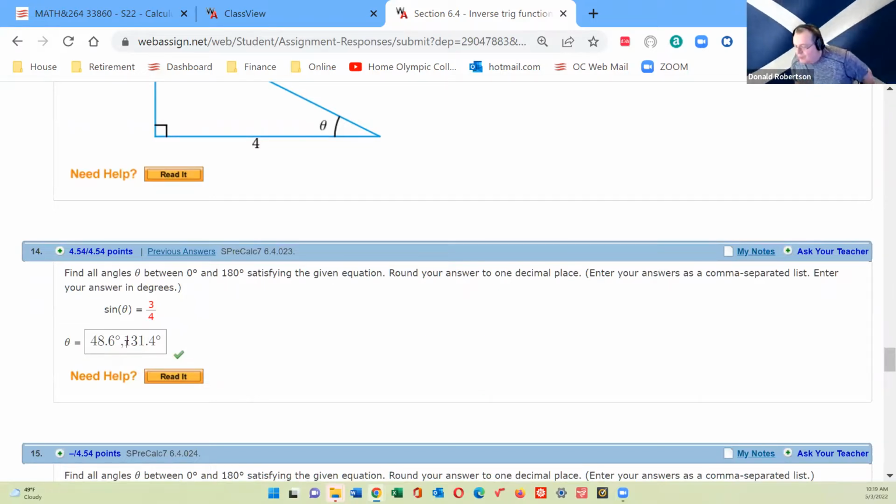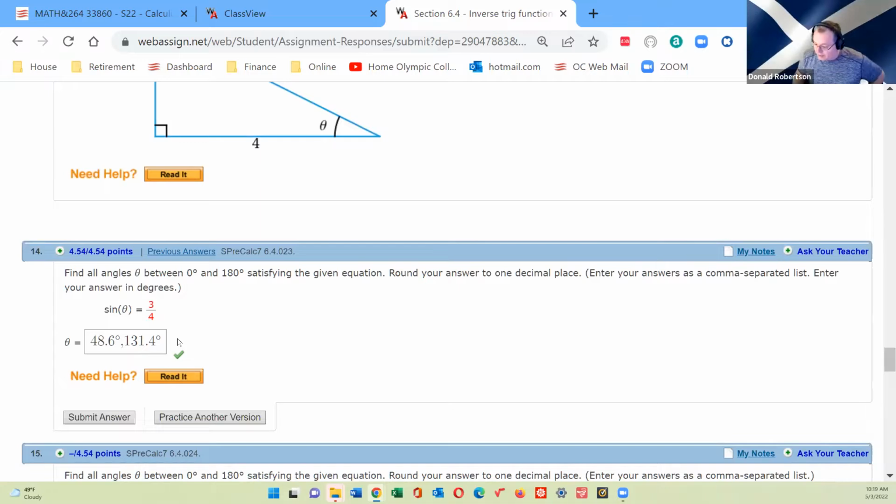I don't know why WebAssign's just been a pain in the butt there, but can you imagine that you might talk yourself out of the right answer because you know, oh, I must be wrong, when really it's, oh, I needed a degree symbol and it wasn't clear. So I wish they would always just put the degree symbol outside or never do it, right? So that you're consistent.